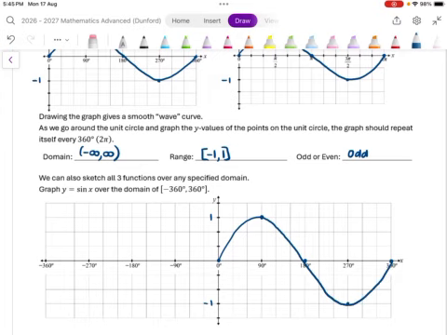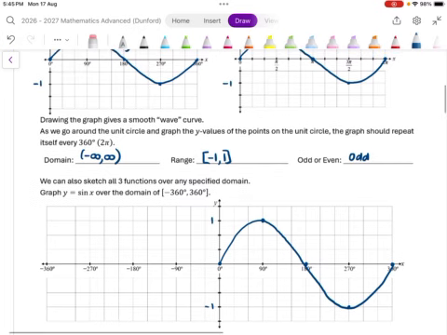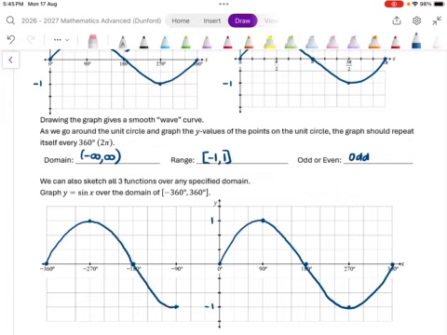Then we do the opposite the other way. So at negative 90 it's at negative 1, at negative 180 it's at 0, at negative 270 it's at 1, and at negative 360 it's at 0. And so we get our nice smooth sine curve over that domain of negative 360 to 360.